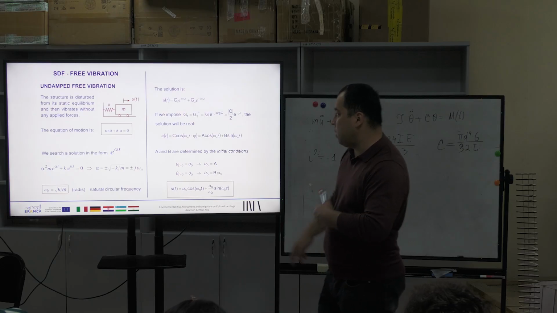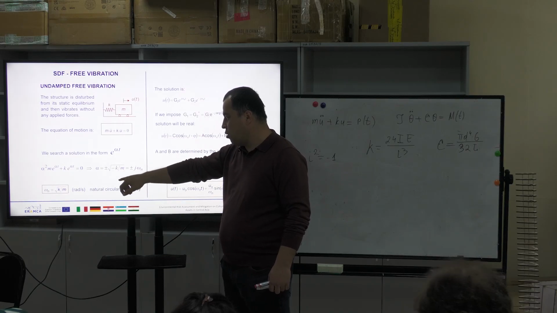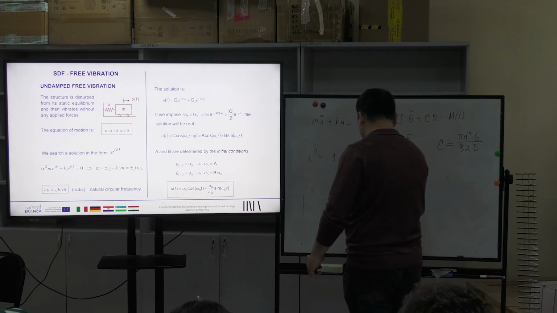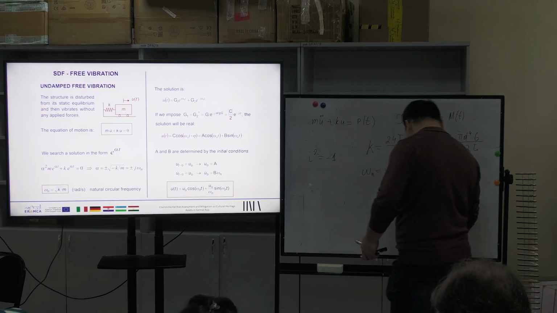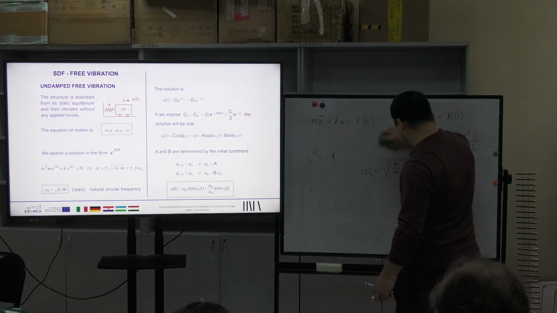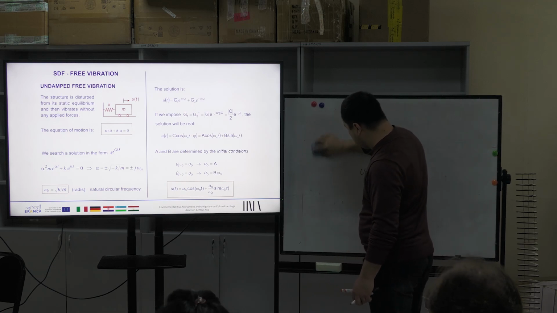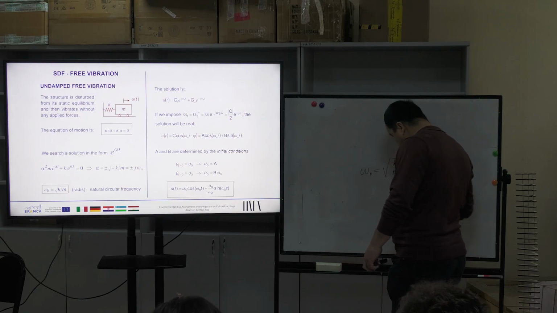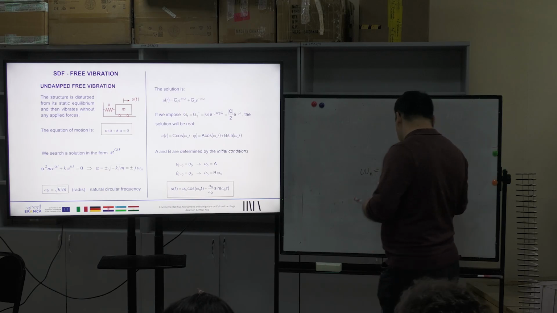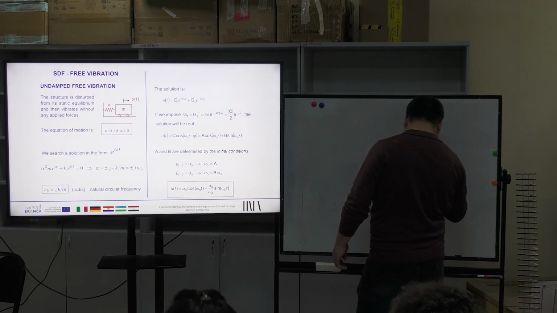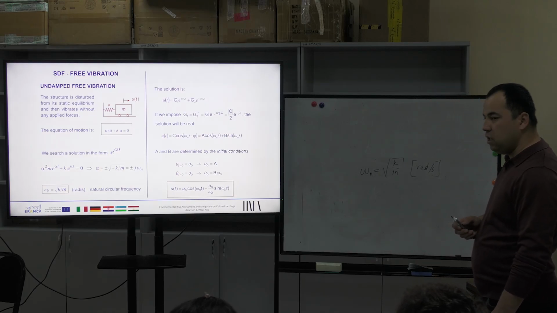For the case of mass spring, the natural circular frequency omega n is equal to the square root of k divided by m. The unit is radian per second.